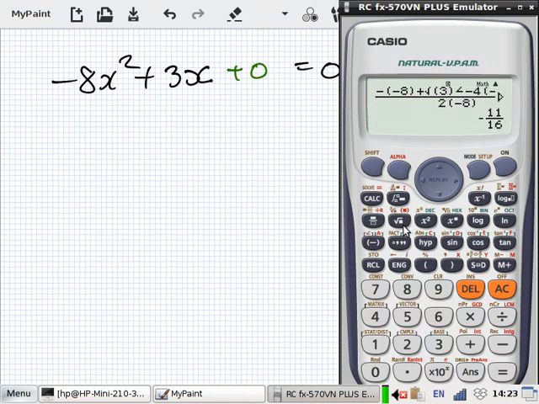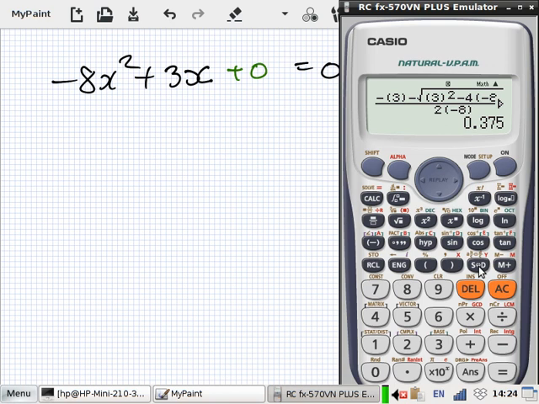Minus b minus 3 minus 3. Oh, sorry, thank you. 3 here, yeah? Okay. 0 is the first answer. So, to one decimal place, still 0. The second answer? Yeah, to one decimal place would be 0.4.